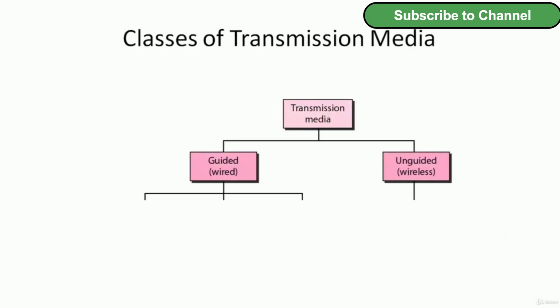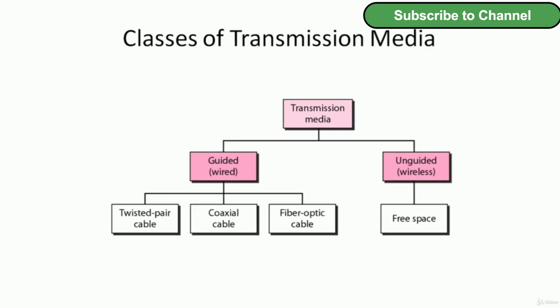Classes of transmission media. The transmission media is divided into two classes. The first one is guided media, also called wired media, and the other is unguided, that is wireless. Again, guided media has types. First one is the twisted pair cable, then the coaxial cable, then the fiber optic cable.